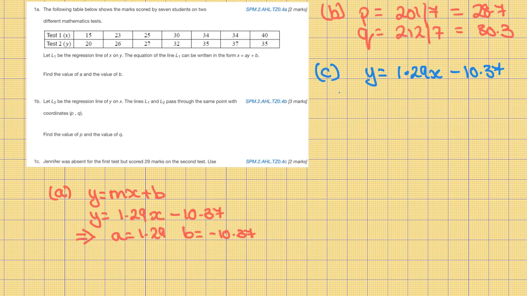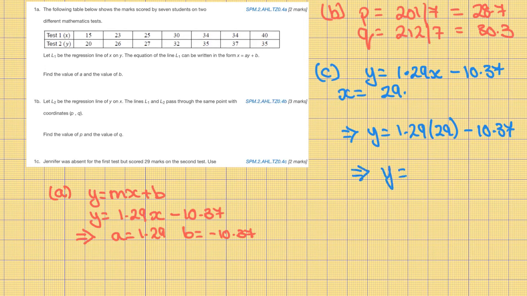Knowing that x is equal to 29. Therefore, y is equal to 1.29 times 29 minus 10.37. Therefore, y is equal to 27.1 to 3 significant figures.